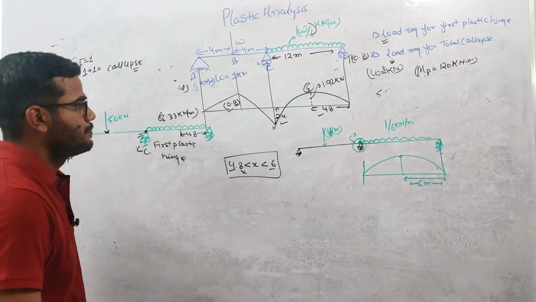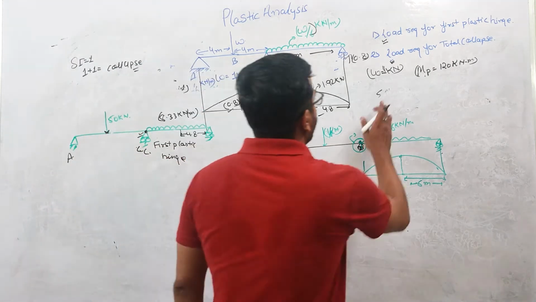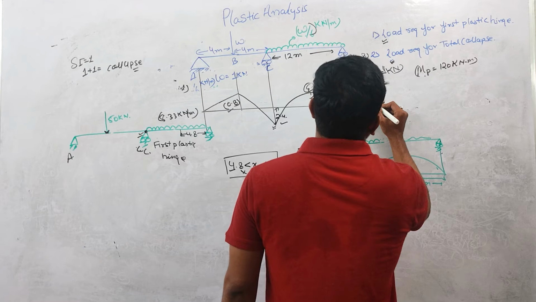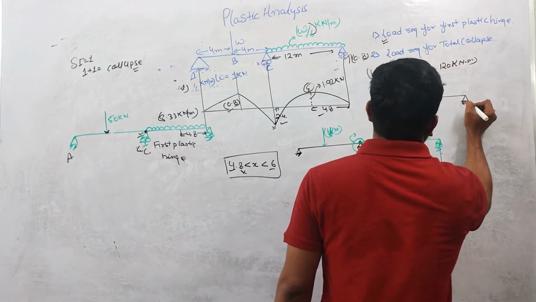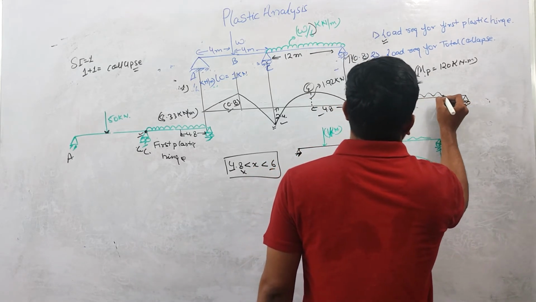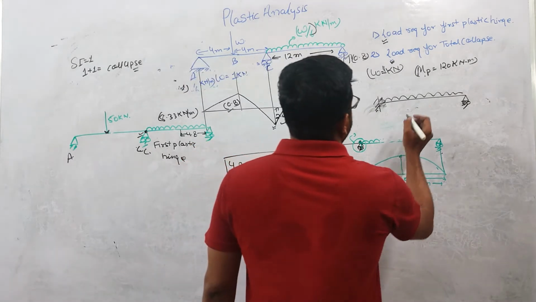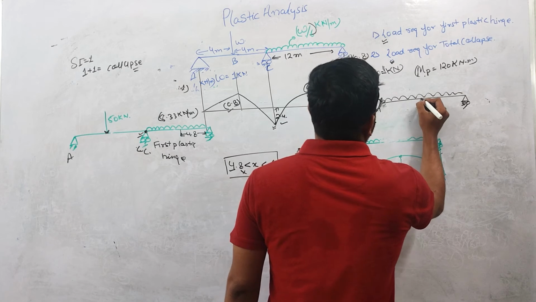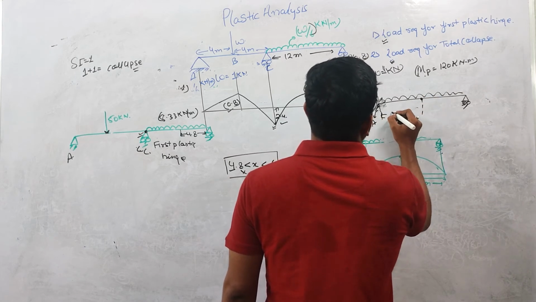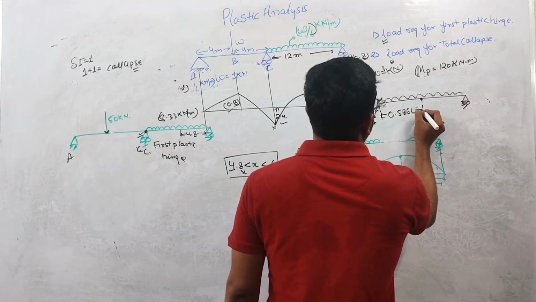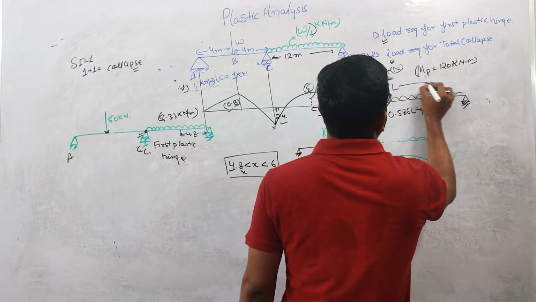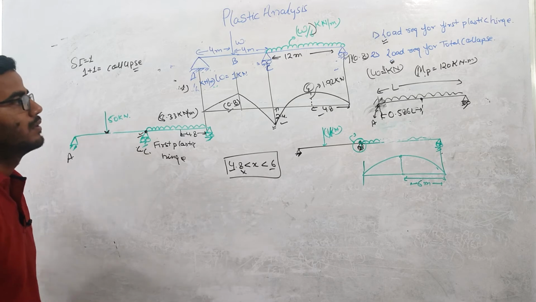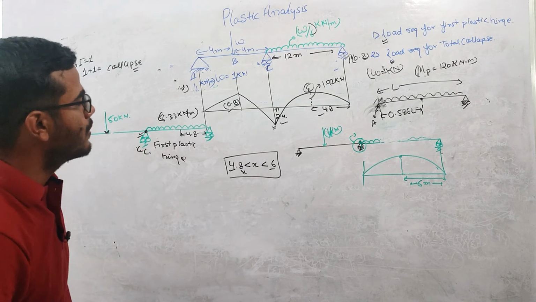Okay, so now we know one formula. We will derive this later. If you have a propped cantilever beam, and it is loaded by a UDL, the first plastic hinge will form at this point due to the moment at A, and the second plastic hinge will form at a distance of 0.586 L, if this distance is L. Okay, so here also a similar thing is happening.